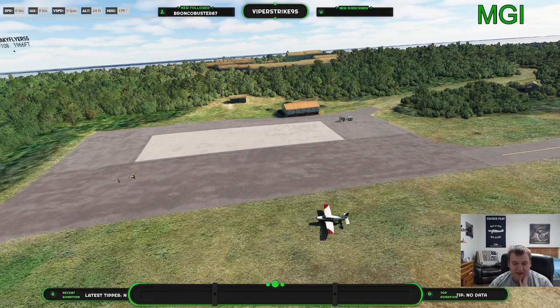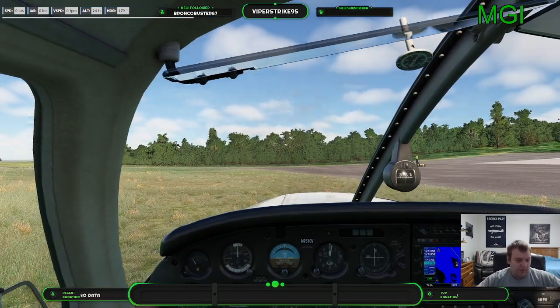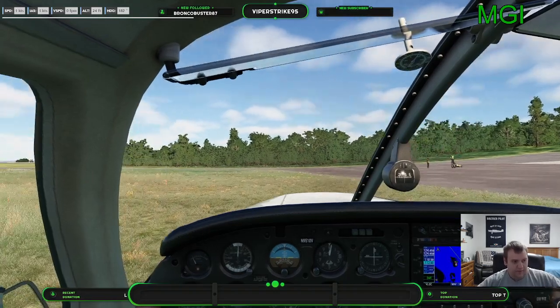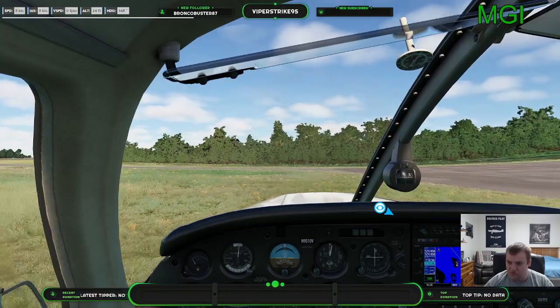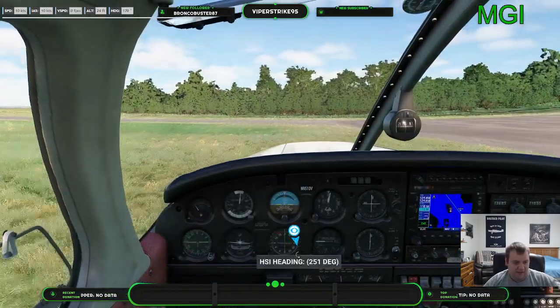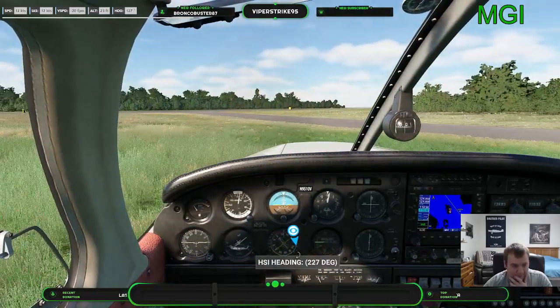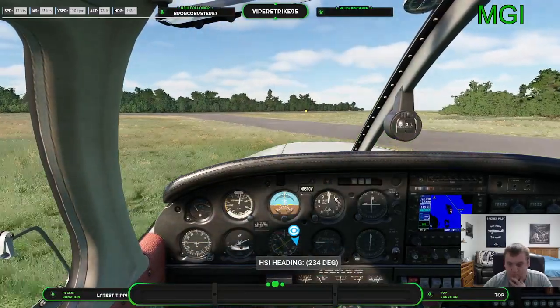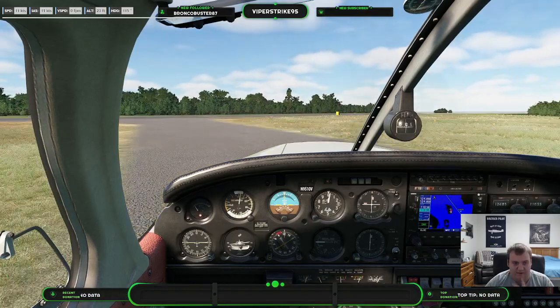So yeah, let's go ahead and get ready for the final leg of the trip. We're going to go ahead and taxi our way over here. We're going to make our way over to Buenos Aires, the capital city of Argentina. Taxi back.